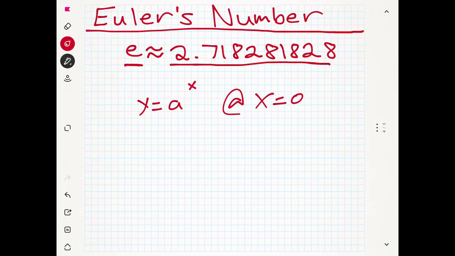If this value was plugged in as the base, the slope at x = 0 would be exactly 1. At first this might not be helpful or obvious, because differentiation deals with slopes of tangent lines and instantaneous rates of change, but this will be important later on.